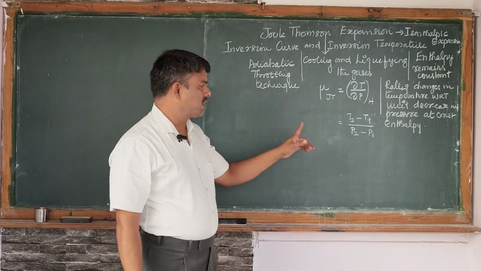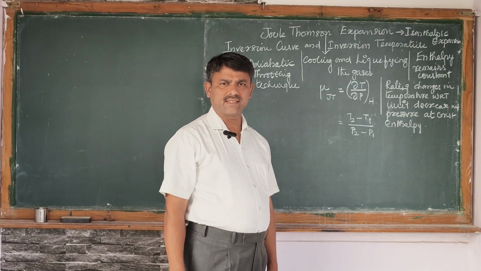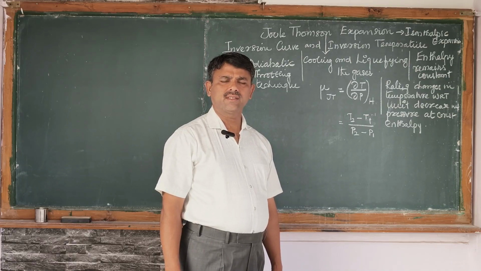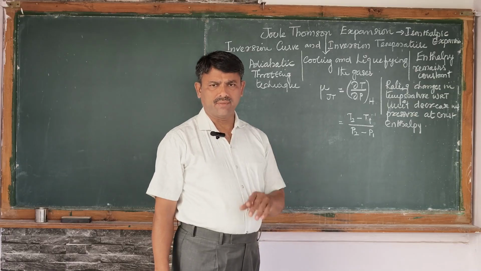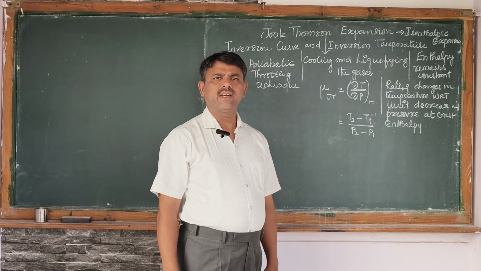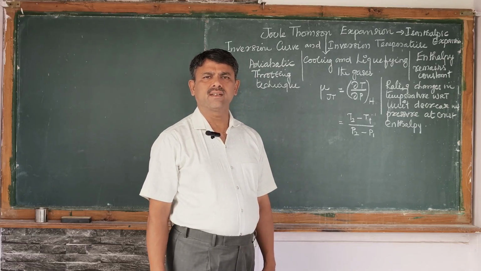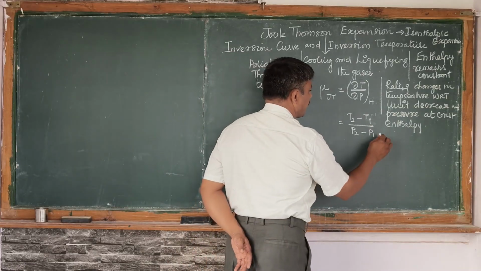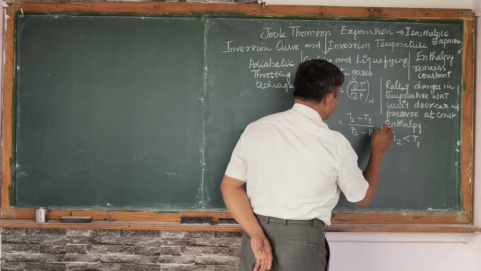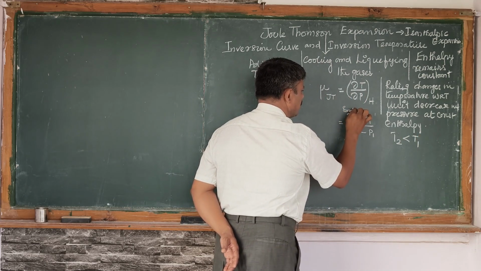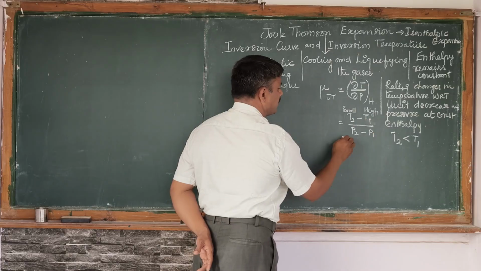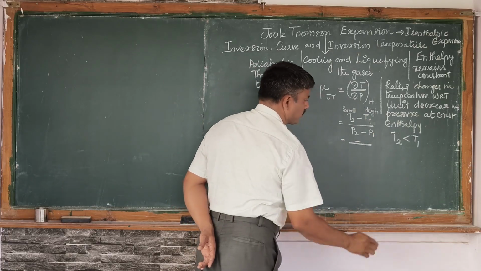Clear? In general, most of the gases, except hydrogen and helium, show a cooling effect. Cooling effect means the final temperature T2 is less than the initial temperature T1. So this is a small value, this is a high value, and small minus high is a negative value.